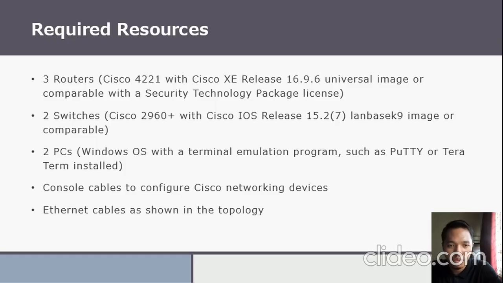And then we have 2 switch, which is Cisco 2960 plus with Cisco iOS release 15.2(7) LAN-based K9 image or comparable. And then we need 2 PC, and then we need to have console cables and internet cables.